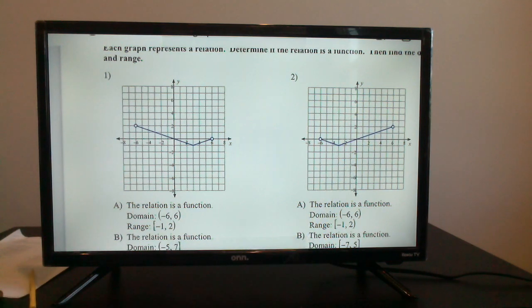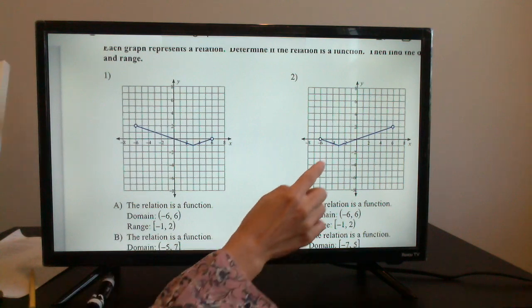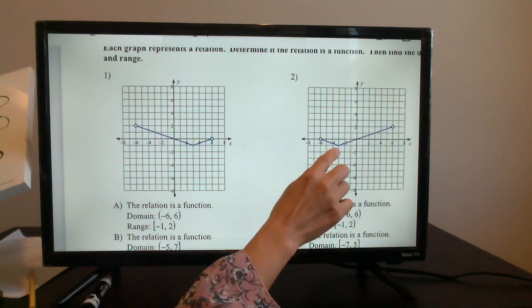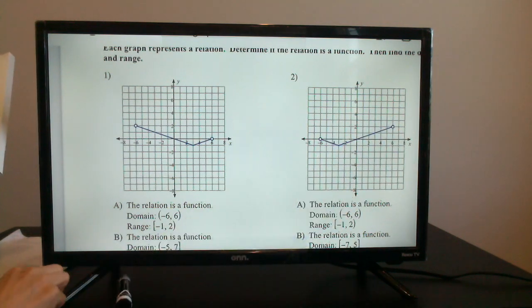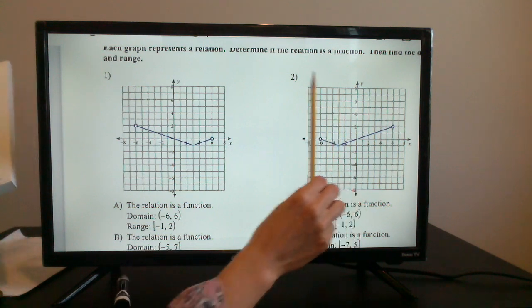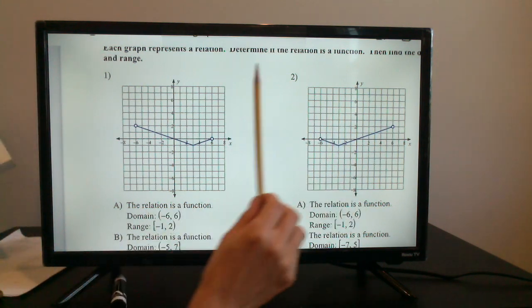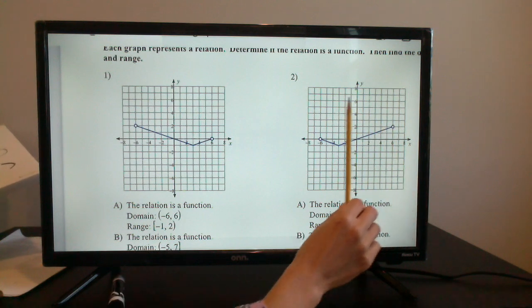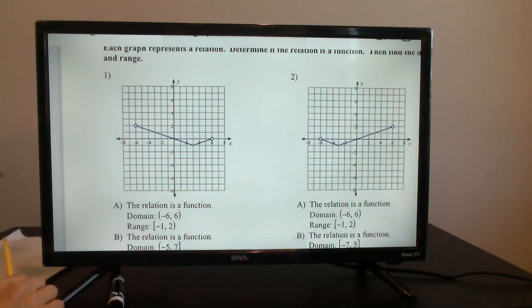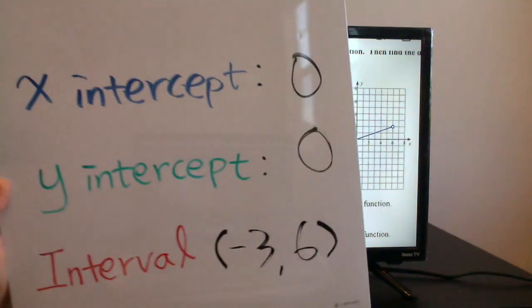So 0 and 0. And when it's increasing from here to here, this x value is -3 and the x value here is 6. So -3 to 6. So this is the answer.